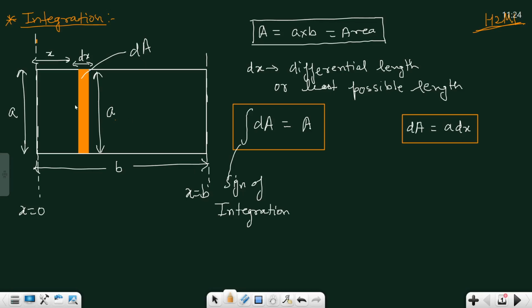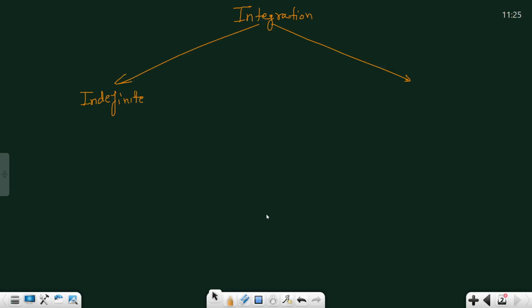Suppose you want to integrate this strip, but you don't know where to start from 0 and where to end, say at b. If you just want to integrate but you don't know the limit, this will be called indefinite integration. So this strip integration can go up to any limit. When you don't have any idea of the limit of integration, this is called indefinite integration.